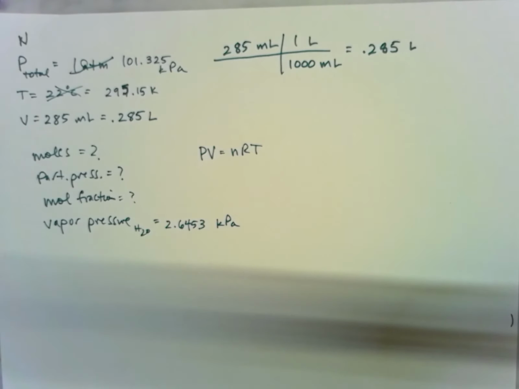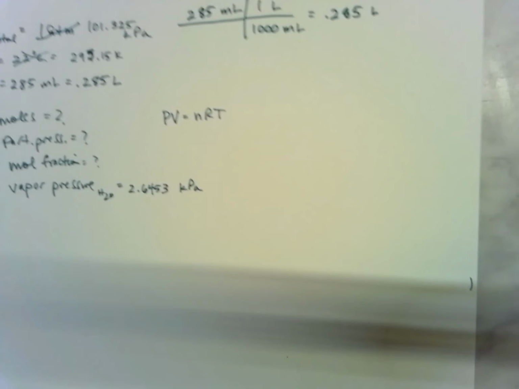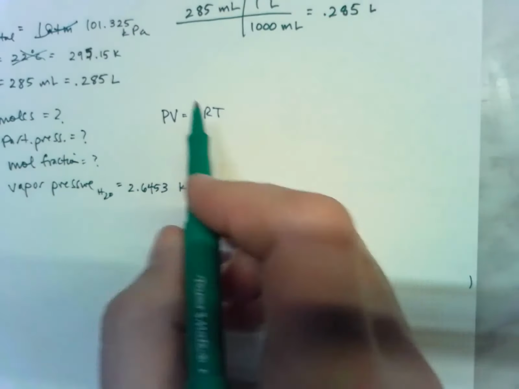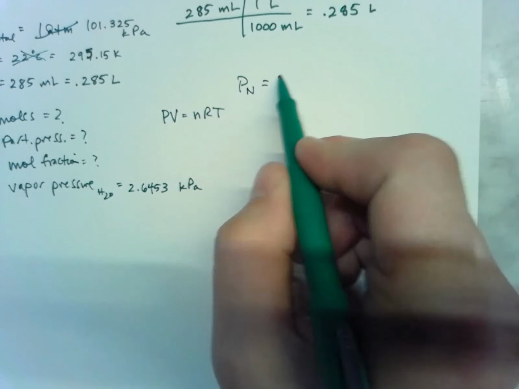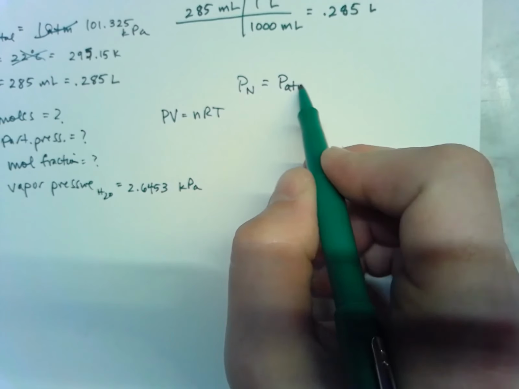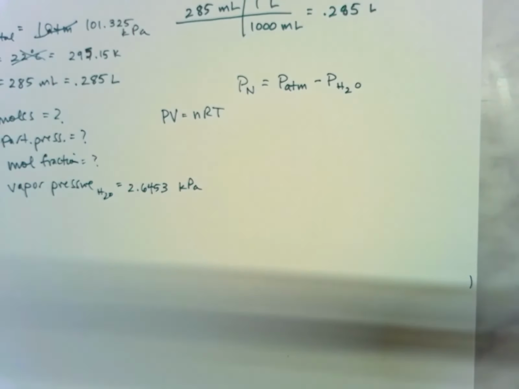Or do we? All right, yes, we do need to do PV equals nRT after we get the pressure of the nitrogen, which is equal to the atmospheric pressure minus the pressure of the H2O. Okay?